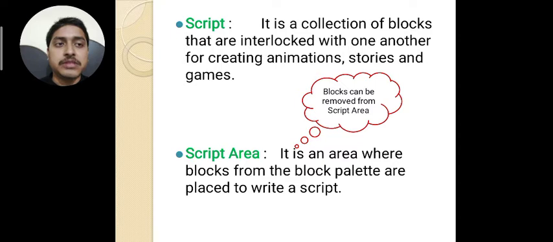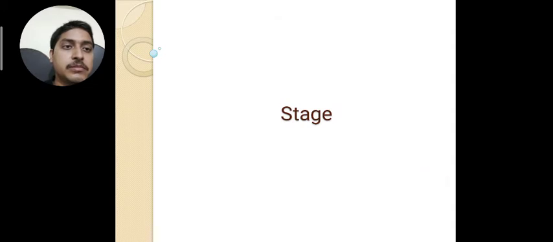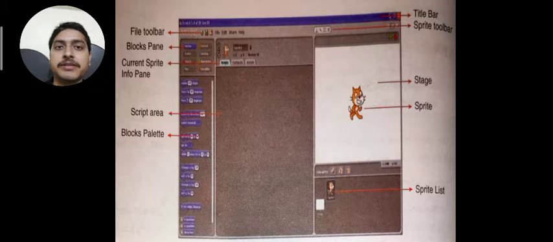And we can see one thing. Blocks can be removed from script area. Suppose unfortunately you picked a different code block which is not required right here. So you can remove that block by just dragging and dropping it from the script area to the blocks palette.